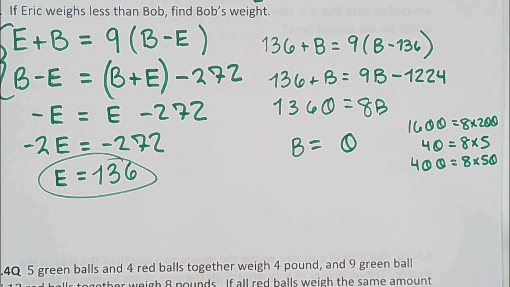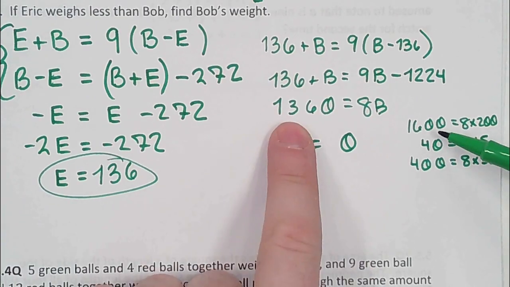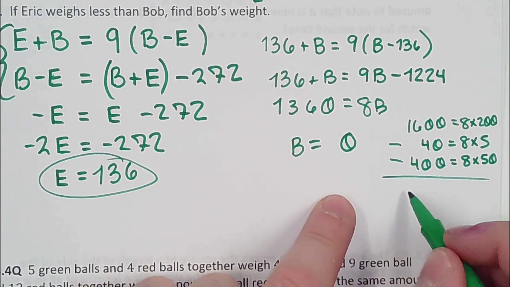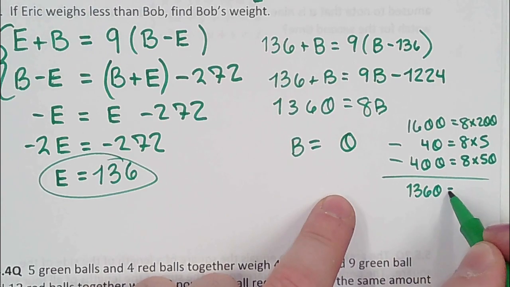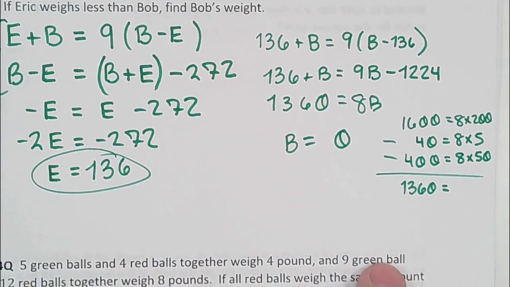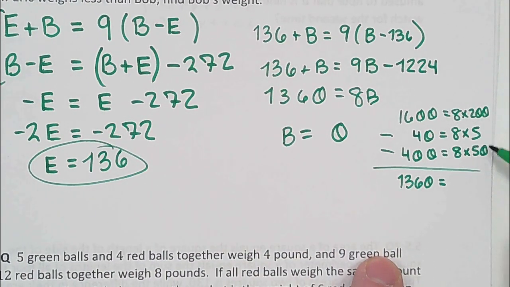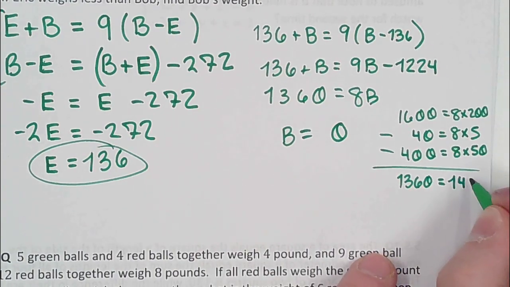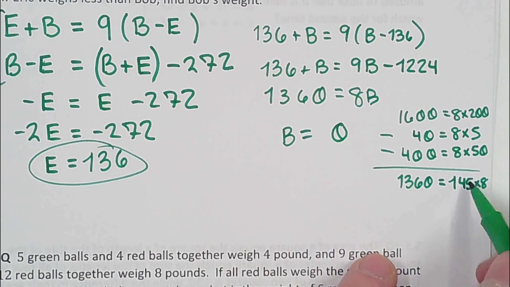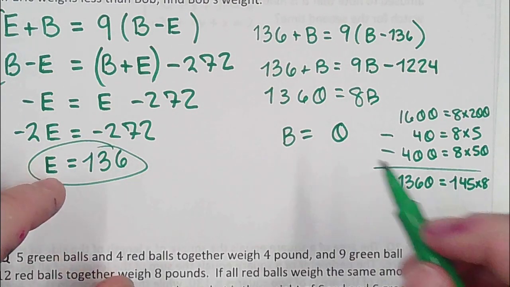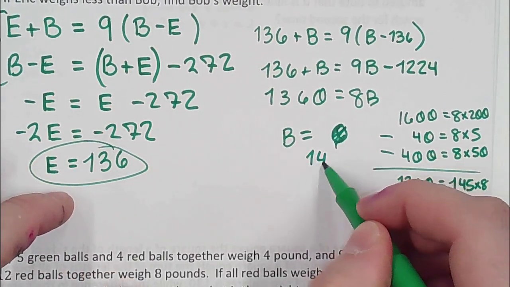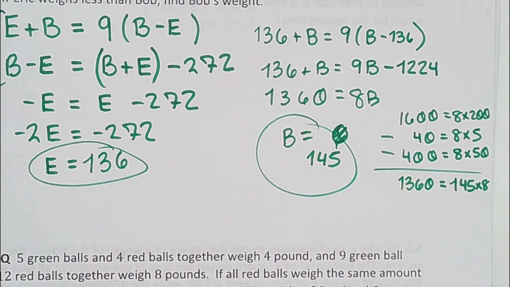So check it out. Do you see if I subtract 40 and 400 from this, I get 1360? So 200 eighths minus 55 eighths is 145 eighths. So it's 145. So it's not going to end in a 0. It's actually going to end in a 5. That was our other option.